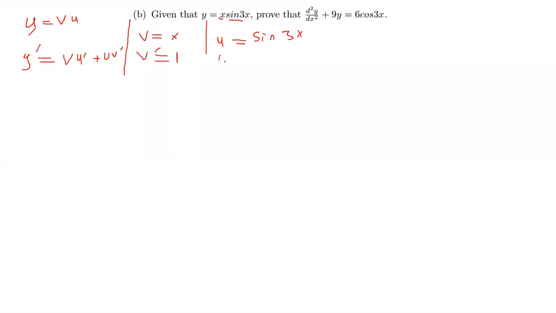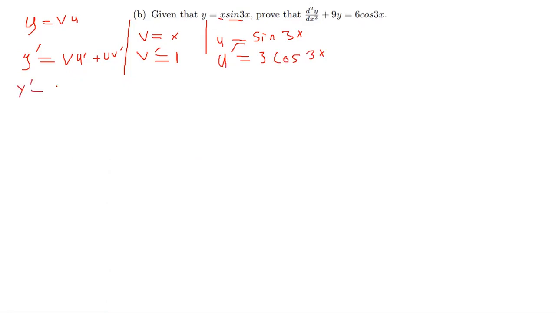And then when you find u prime, you differentiate the angle there, you get 3, and then you differentiate the trig ratio, you get cos, and then you repeat the same angle there, 3x. So my u prime is this, and my v prime is that.